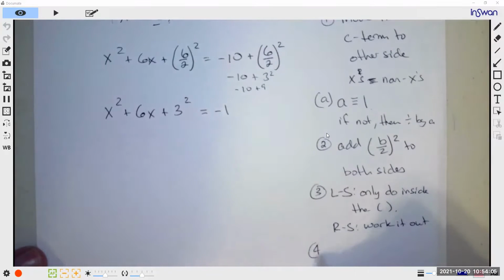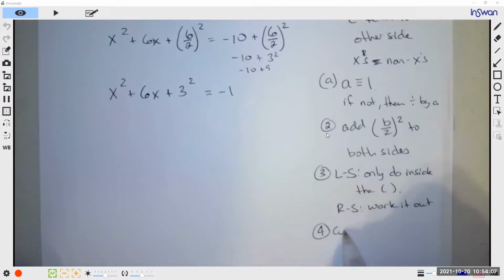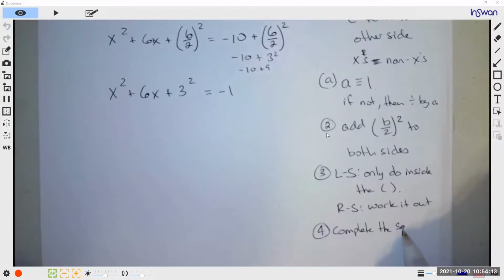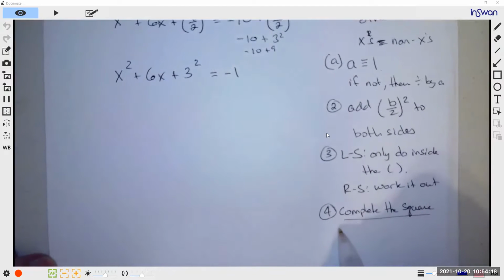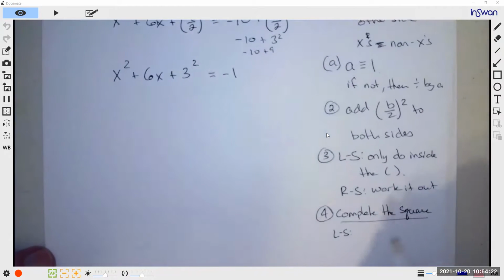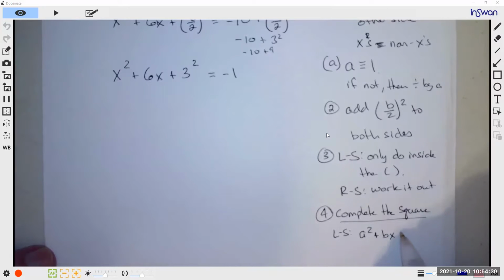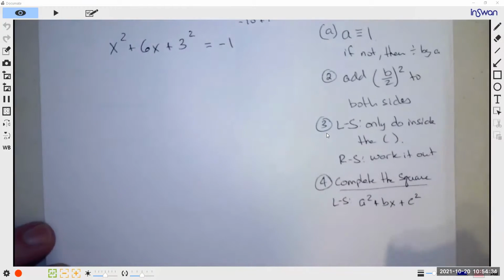So now step 4. This is when you complete the square. On the left side, you have a squared plus bx plus, I'll call that c squared now.